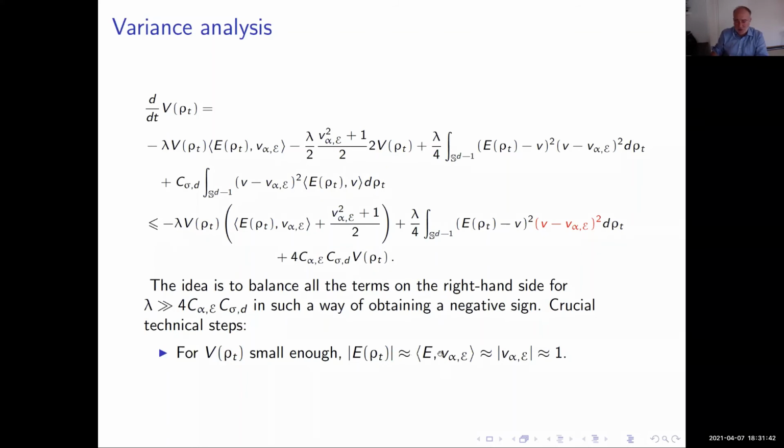The scalar product of the expected value with respect to V alpha is also very close to 1, and V alpha is also very close to 1. So all these terms that are appearing here are about a constant. They are not bothering you too much.